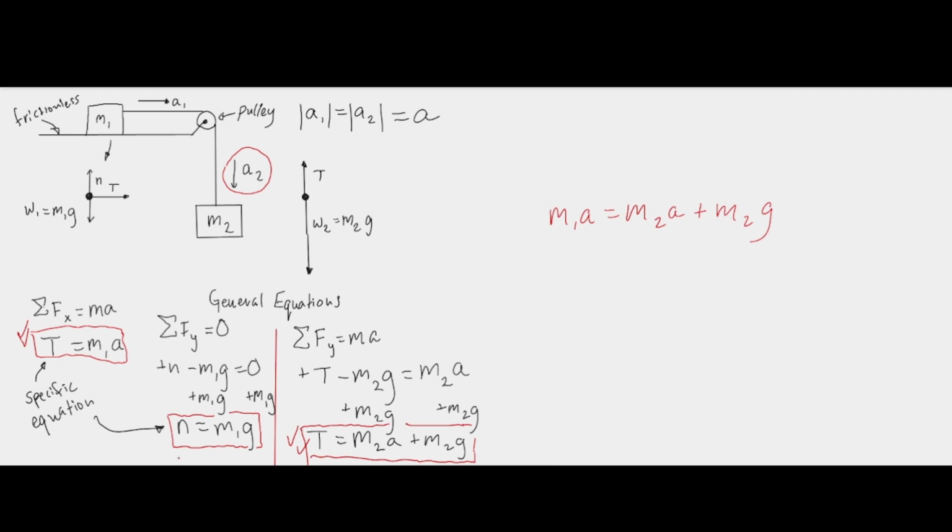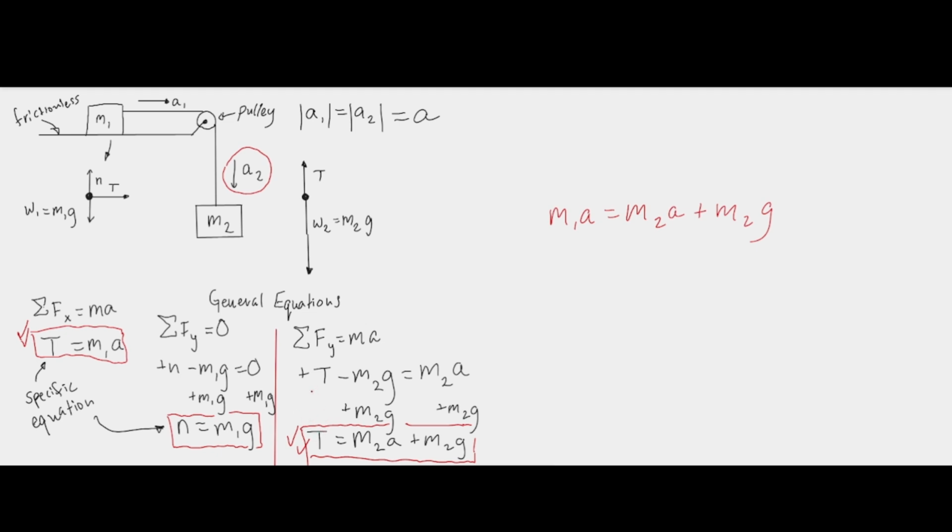So we found 3 specific equations for these 2 objects that have motion in 2 dimensions. The first object had forces acting in 2 dimensions. The second object had forces only acting in the vertical direction. But we saw that both these objects are coupled.